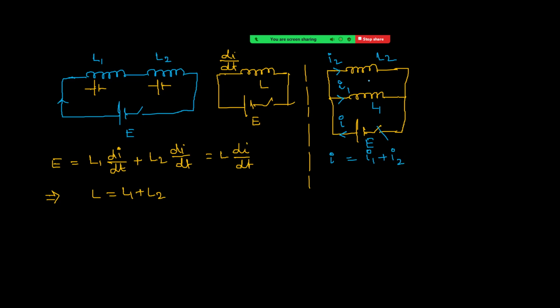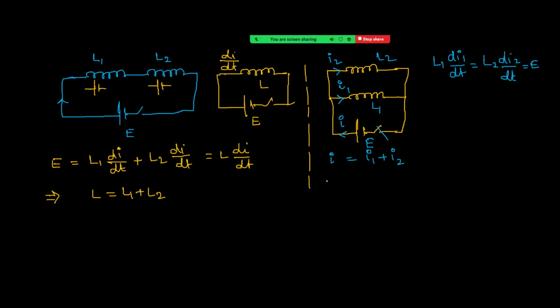Similarly, the EMF induced across this should be equal to the battery's EMF. That means we can write L1 di1 by dt equals L2 di2 by dt, which equals the battery's EMF.